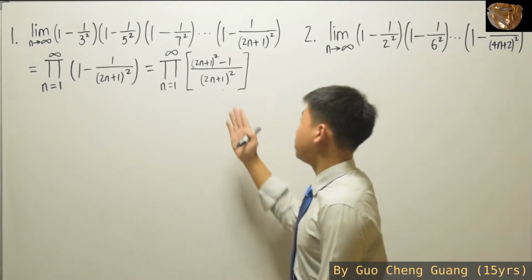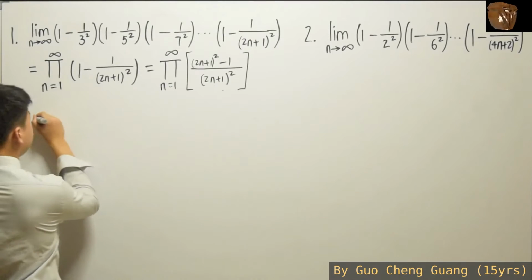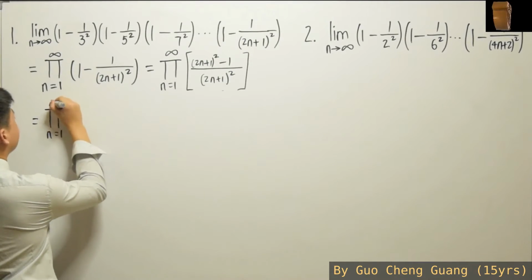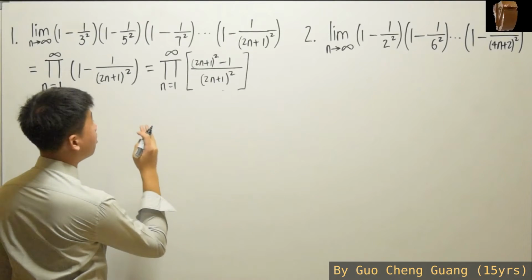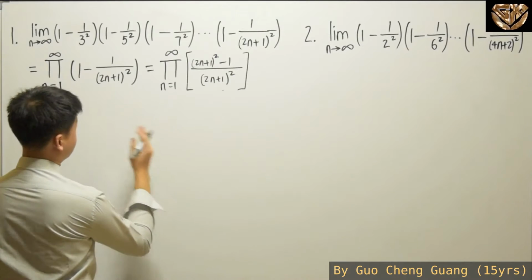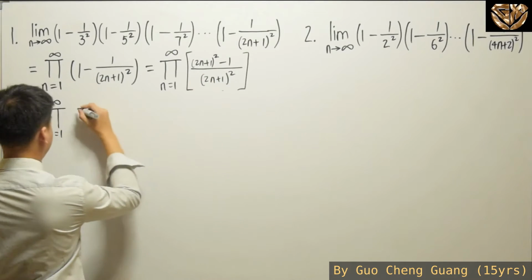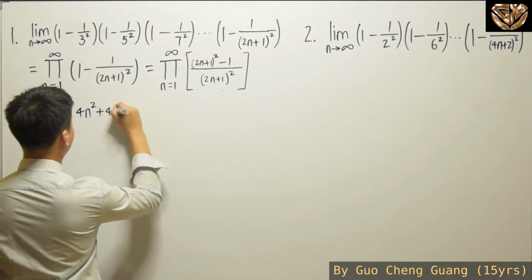Of course, you will want to expand the term above. When you expand it, you are going to see 4n squared plus 4n plus 1. But that plus 1 will be cancelled out with the minus 1 behind. So it's just left with 4n squared plus 4n.